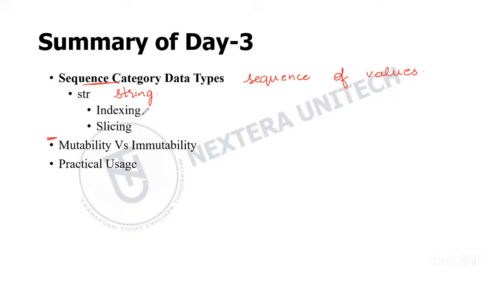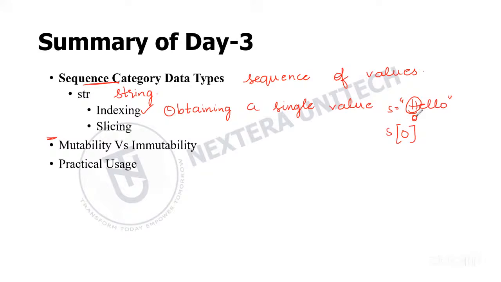The operations which are supported are indexing, that is obtaining a single value. From a string, you can obtain a single value by indexing. I can take the index of the value I want and put square brackets, and this way I can perform indexing.